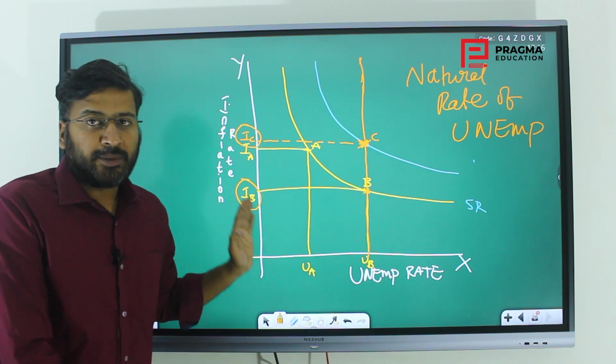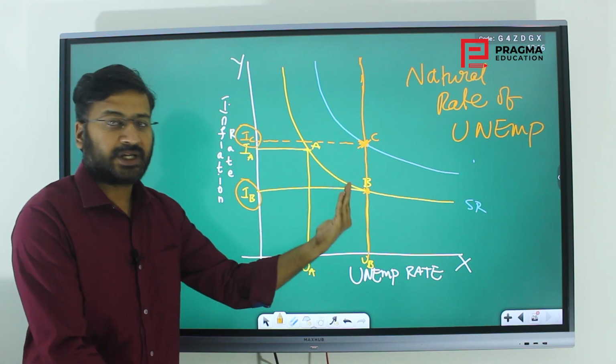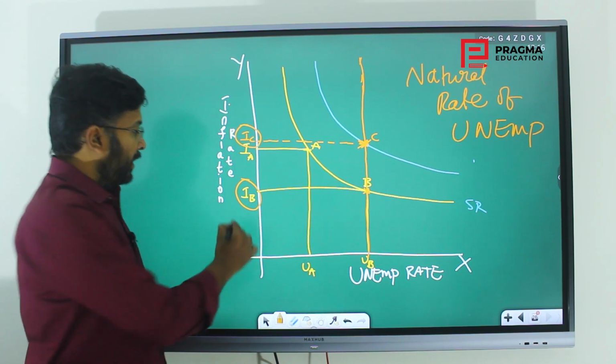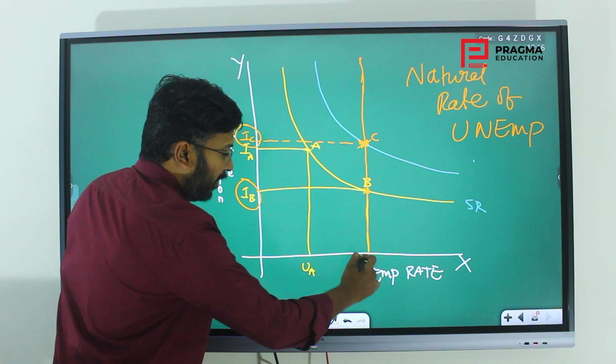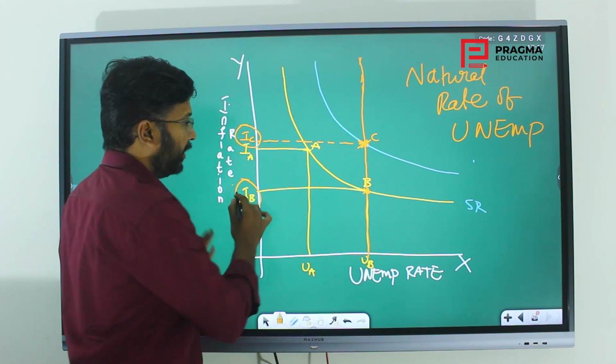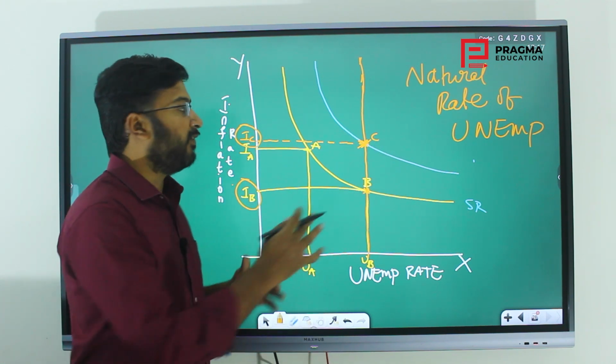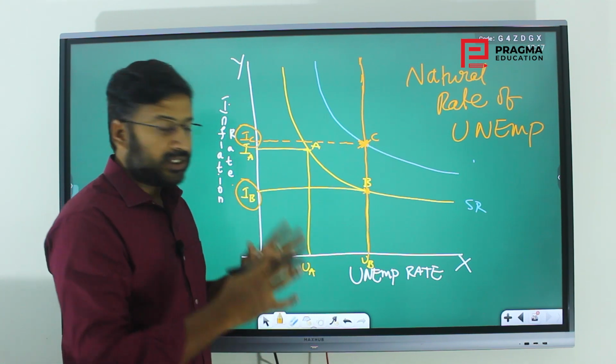When governments try to alter this natural rate of unemployment, meaning when they try to artificially reduce it, the inflation, which would normally have been IB at UB, becomes higher because governments intervene, which means they create additional inflation. How does it happen?